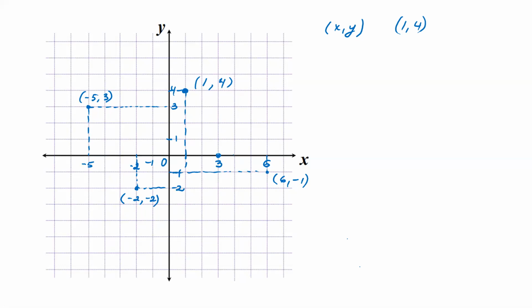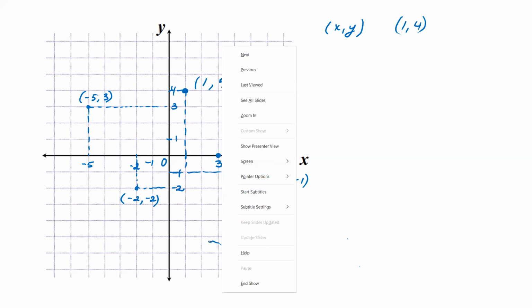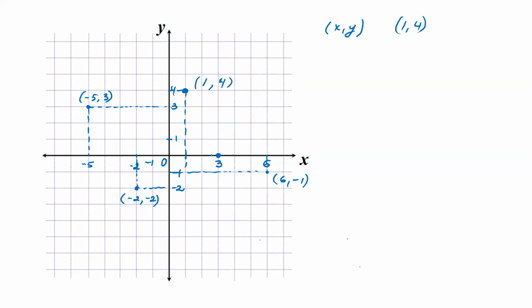Now for the y coordinate, again, I don't have to draw any horizontal line, though I could. And if I formally did so, then I would hit my y-axis at number 0. So the coordinates of this point are 3, 0.